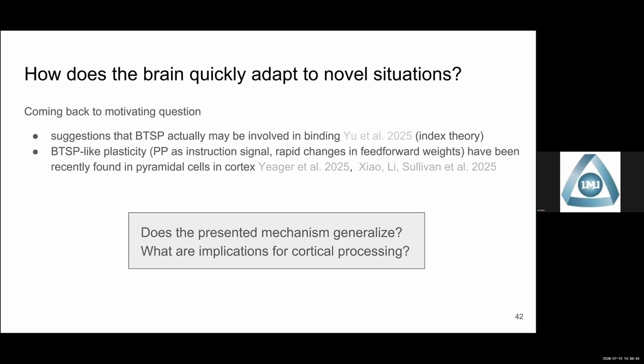V1, V2. Yeah, even in the most unexpected areas, like V1, V2. Okay, but this is very interesting for me because previously, as Marcus also said yesterday, I worked on cortical models and I would love to explore how this generalizes, what consequences this kind of plasticity, and maybe such a mechanism as I presented here today, which fits to Larkum's theory, has, and what the implications are for cortical processing.